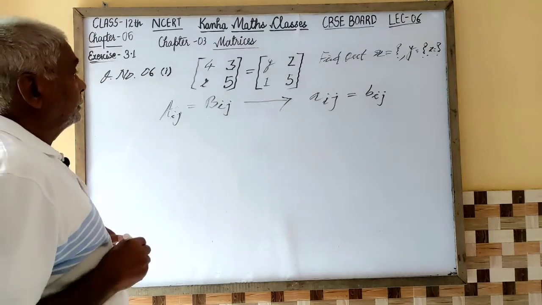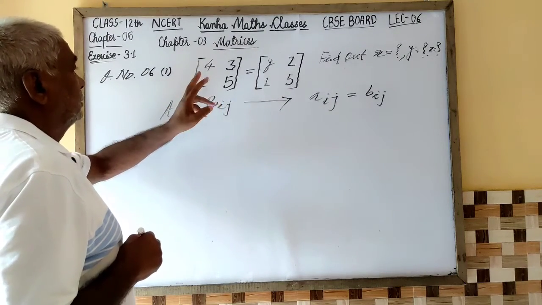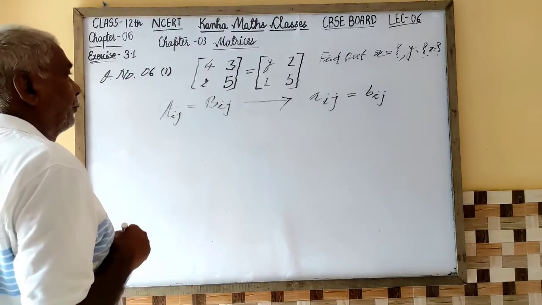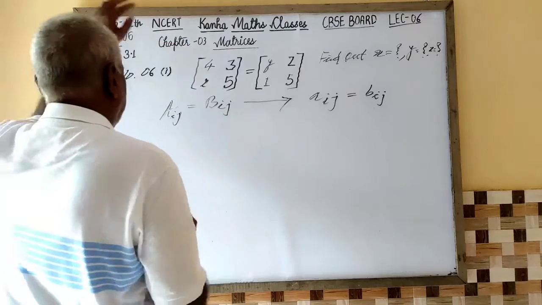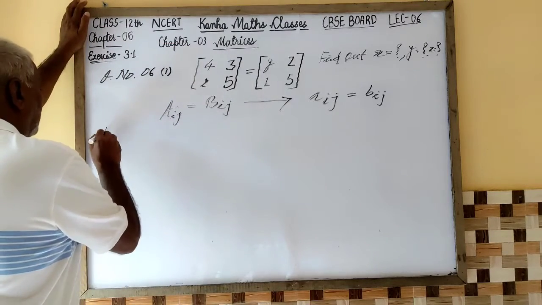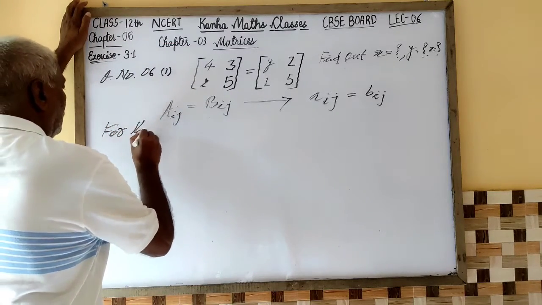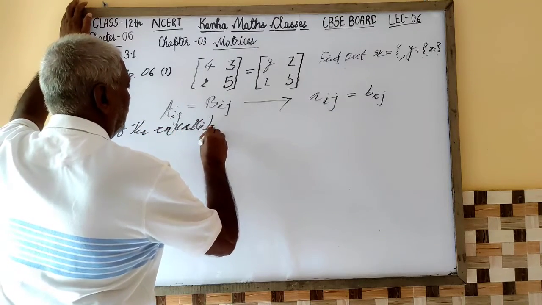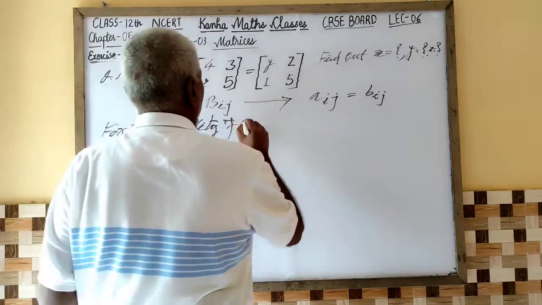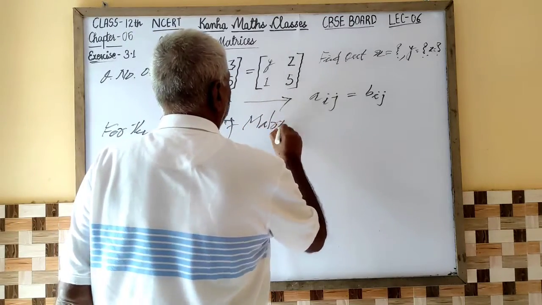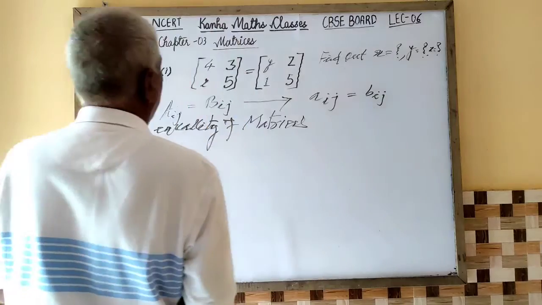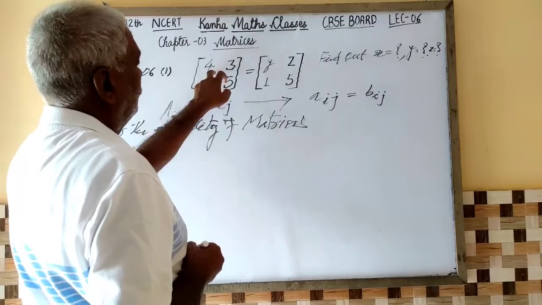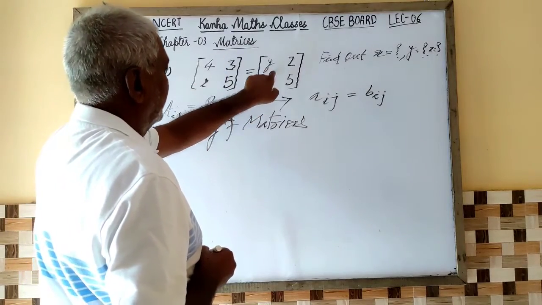Here in the present question, the matrices are of the order 2 into 2, meaning 2 rows and 2 columns, of the order 4. So for the equality of matrices, the corresponding element of the first matrix will be equal to the corresponding element of the second matrix.